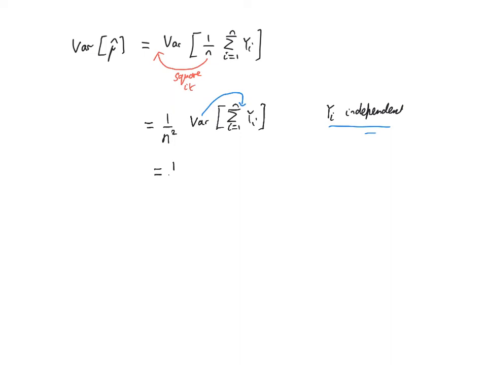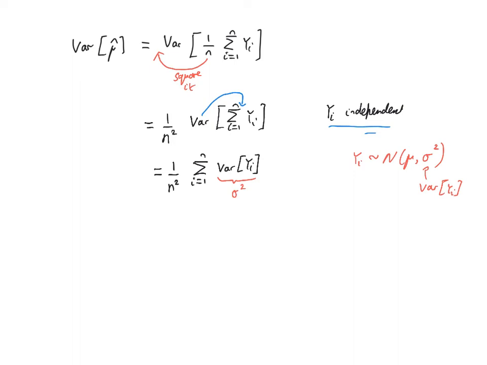So this is 1 over n squared, the sum i equals 1 to n, variance of yi. And we've seen above that our model assumes that yi follows a normal distribution with mean or location parameter mu and variance sigma squared. So we can now replace this variance yi with sigma squared.